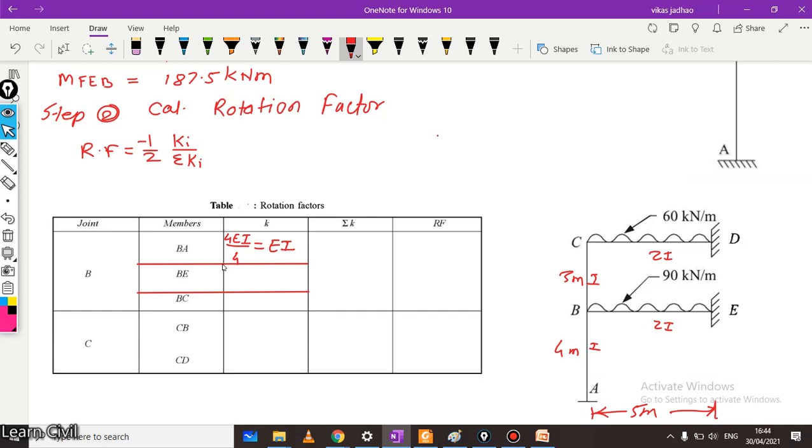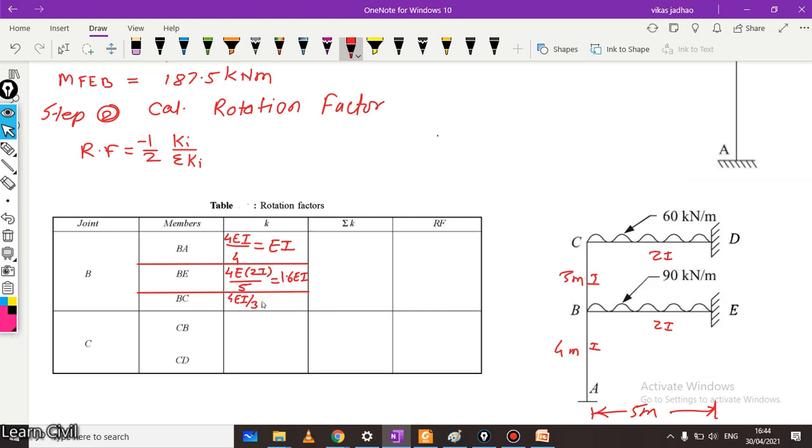Now stiffness for BE will be 4 EI by L. For member BE, the moment of inertia is twice I. Therefore, consider this as 4E into twice I divided by L. L is equal to 5 meters, so this will be equal to 1.6 EI. Similarly, for member BC, the stiffness will be 4 EI divided by L, where L is equal to 3 meter.